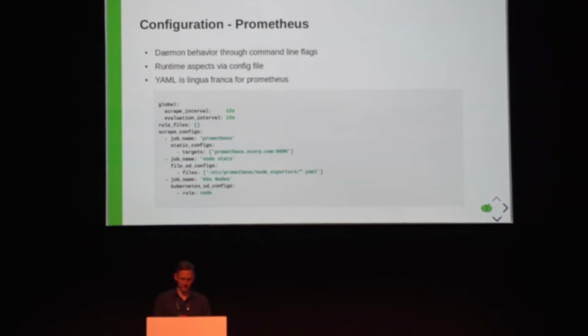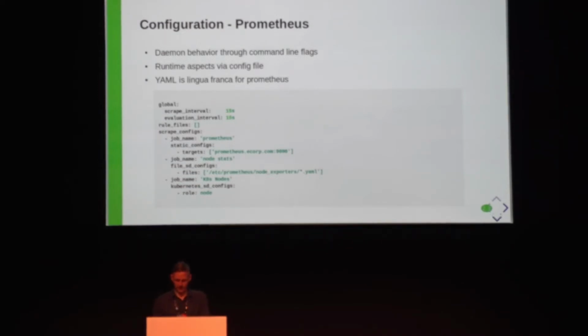Daemon behavior would include such things as the port that Prometheus uses to expose its time series database, the path where it stores the metrics and such, and the configuration file, which is a YAML file, configures the runtime aspects. So you can set the default scrape interval and things like that, and of course where to scrape things, which is the most interesting part here.